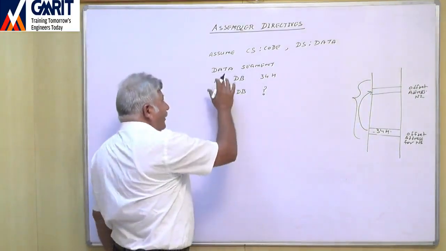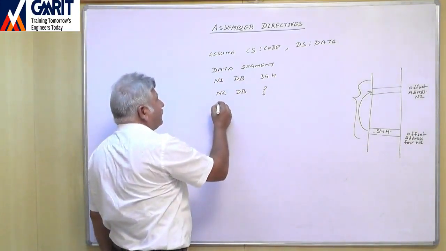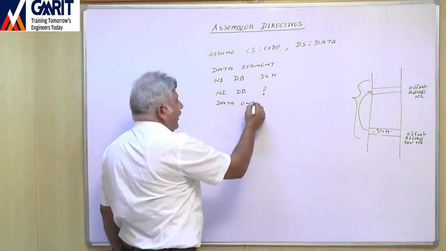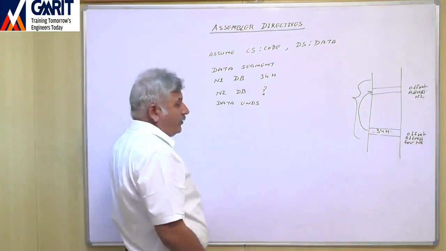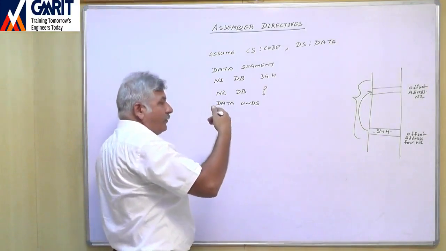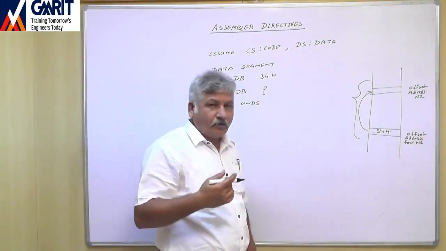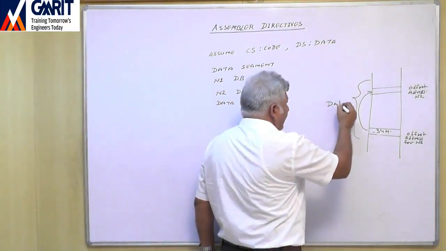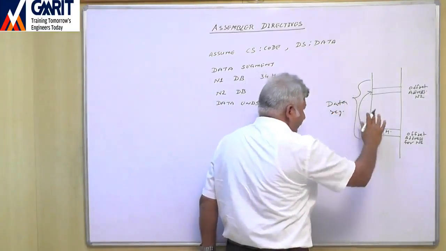So after this I will end my data segment. To end this, write data ENDS. Now I have to write my program code. So code has to be written in the code area of the memory. So this is my data segment, right? Here data will be stored.